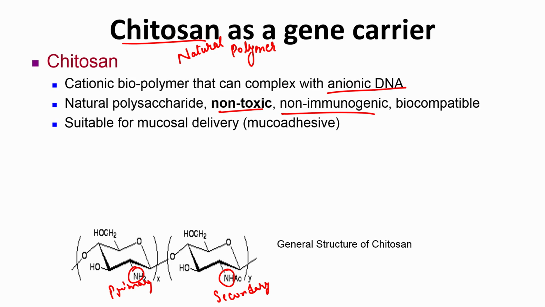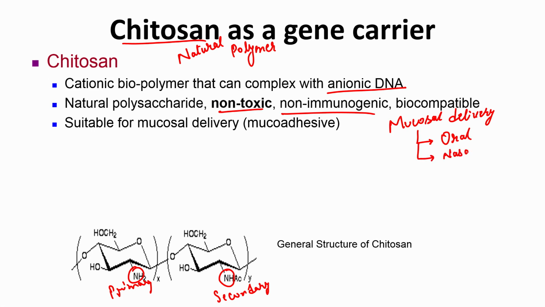So, that means that if it is given through a route which is a mucosal delivery, and if you remember from our route of administration topic, you will remember that mucosal delivery can be of several types. This could be oral, this could be nasal.